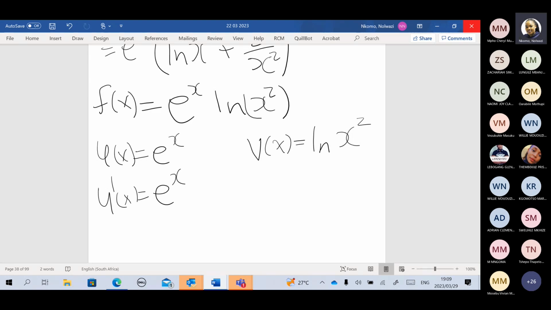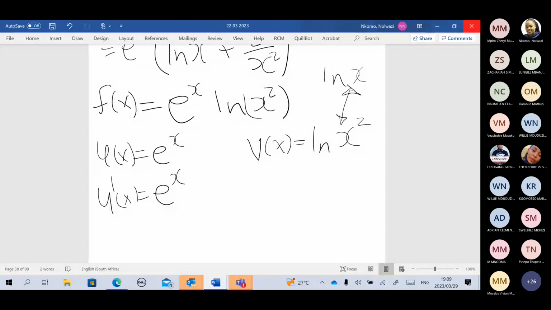This one is not ln x. We differentiate these differently, because for ln x you just say it's 1 over x, but here we have ln x squared, with an inner function and an outer function.